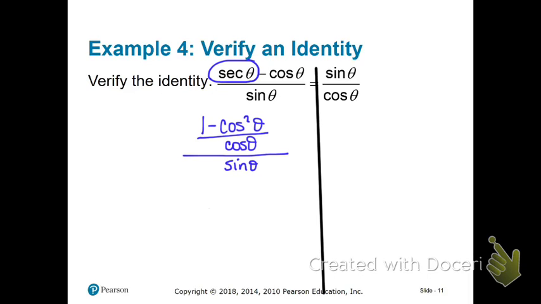All right, what can we do now? Okay, we could keep it, change it, flip it. So remember, that means this is over 1, right? The whole sine, not just the theta. Sorry, I should have done the whole sine. So that means we got 1 minus cosine squared of theta over cosine of theta times 1 over sine.